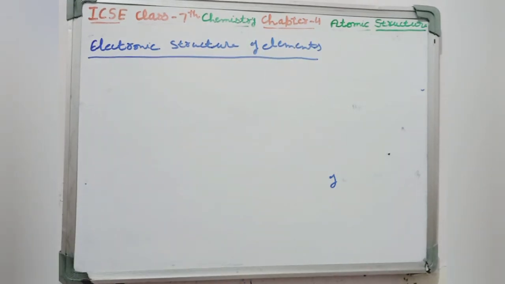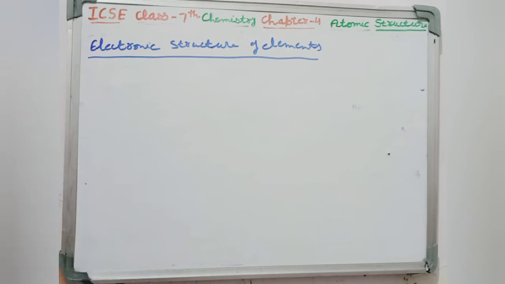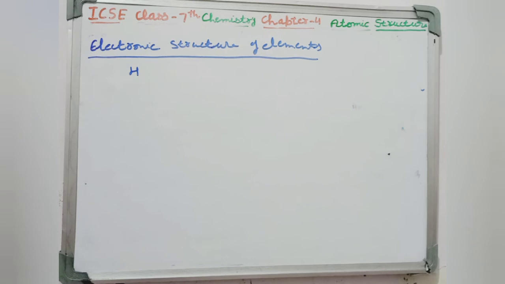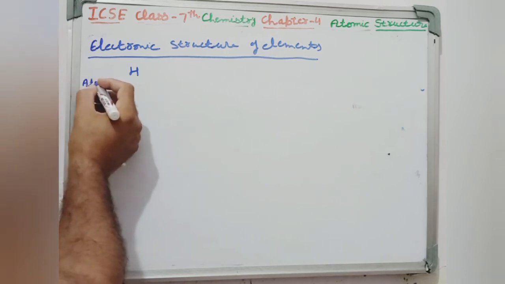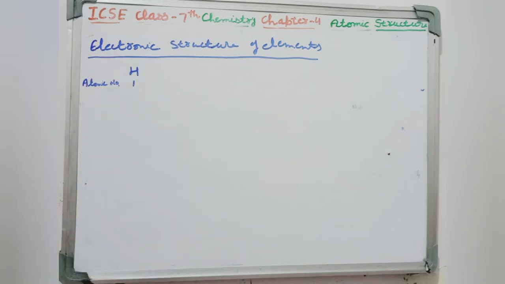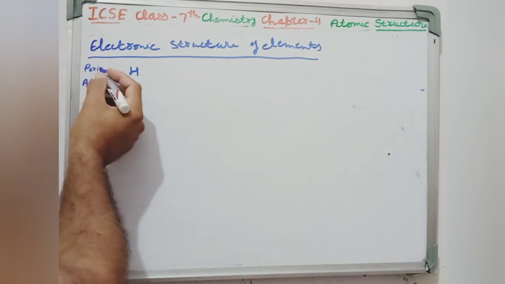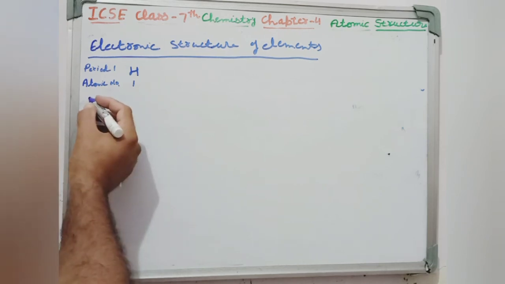Now you will study the periodic table. The first element is hydrogen. You have to keep in mind its atomic number is 1. Right? Its period is 1. Now what would its electronic structure be?